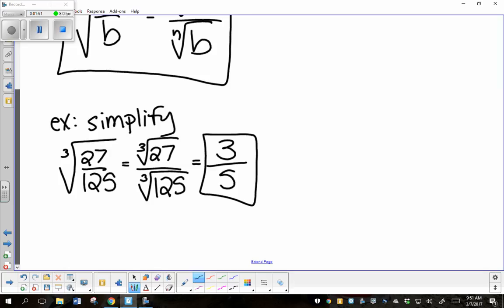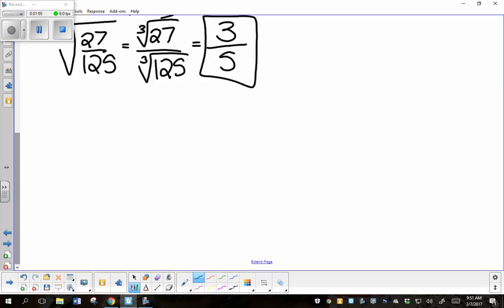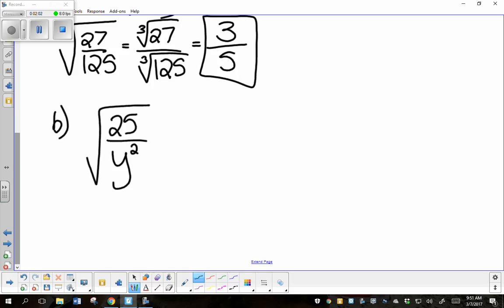Let's try another simpler one, and then we'll move into some more difficult ones. Let's try the square root of 25 over y squared.